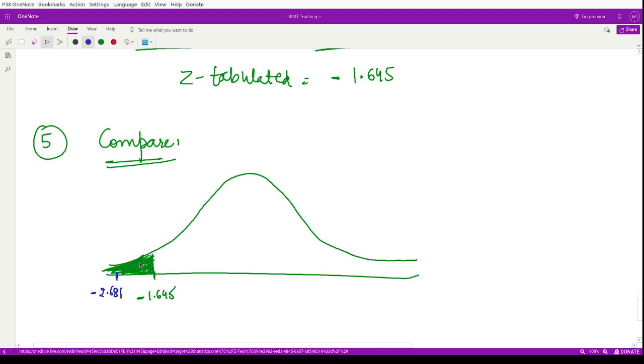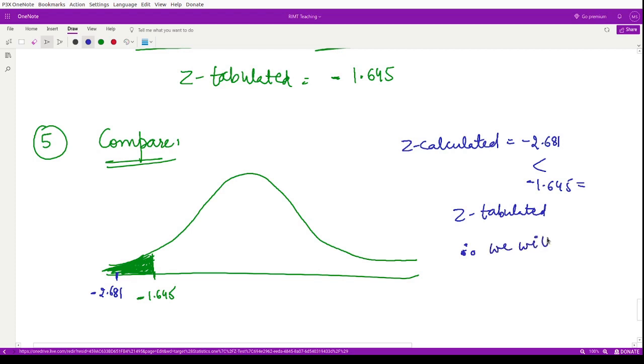So according to this, because our Z calculated value, which is equal to minus 2.681, is less than the value minus 1.645, which is the Z tabulated, therefore we will reject the null hypothesis.